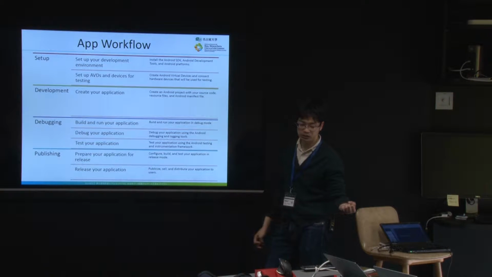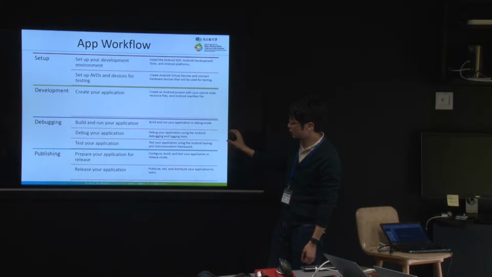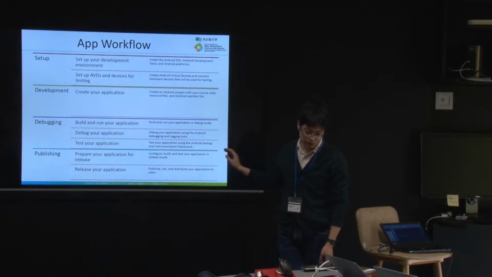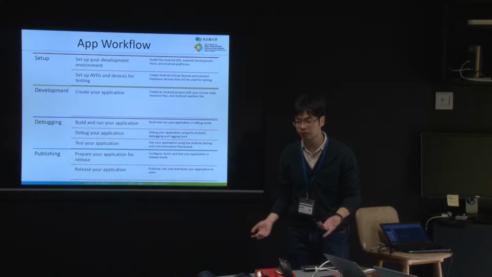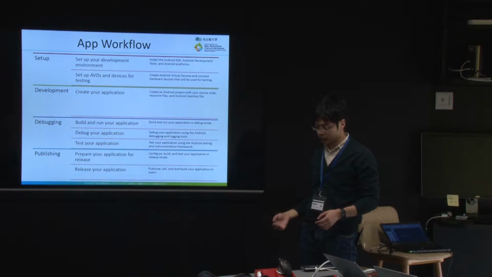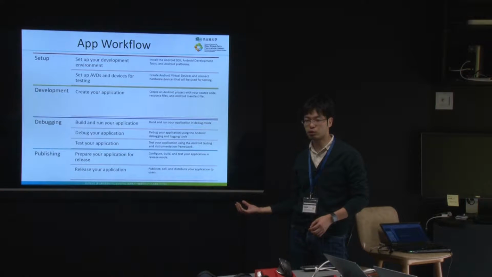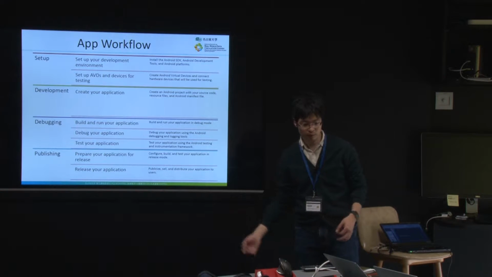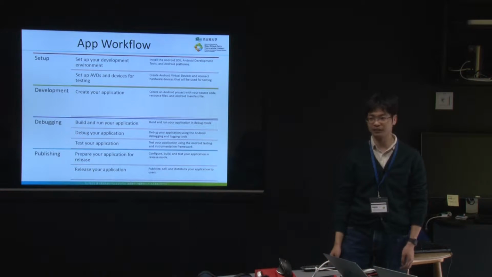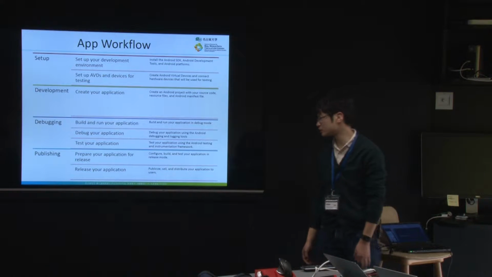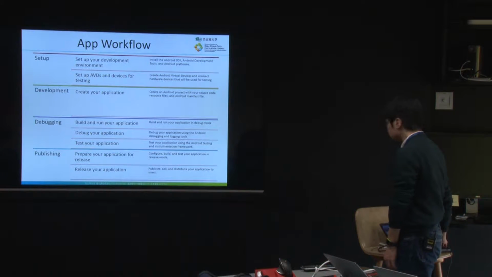After that, you may find some bugs or malfunctions, and in such a case, you have to debug the application. Finally, you can use the application by yourself, or you can register your application on the Google Play Store. Maybe you need $35 to register the application.